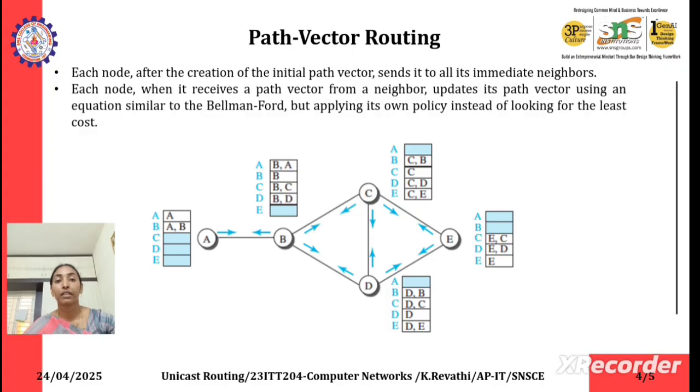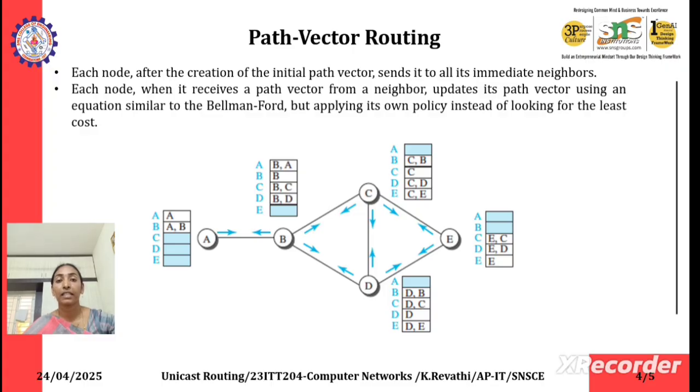Here, the routing table will contain the source node and immediate neighbor nodes. For A's routing table, from A to A, only the A node will be available. Then A to B means A comma B. Then there is no direct path between A and C. It can reach the C node through the B node only.